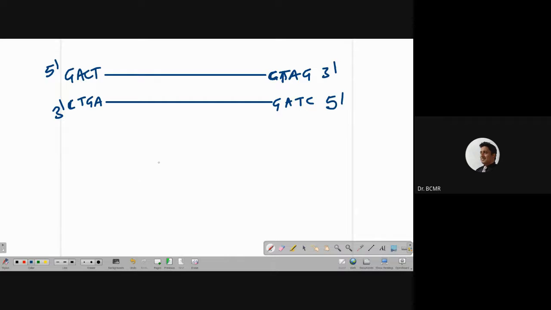Now, if we want to design primers, polymerization always happens in the 5 prime to 3 prime direction. In PCR, we want the polymerization to converge from both sides. That means the primers should be designed in such a way that they converge. So it should be TCAG, and this would be the 5 prime.